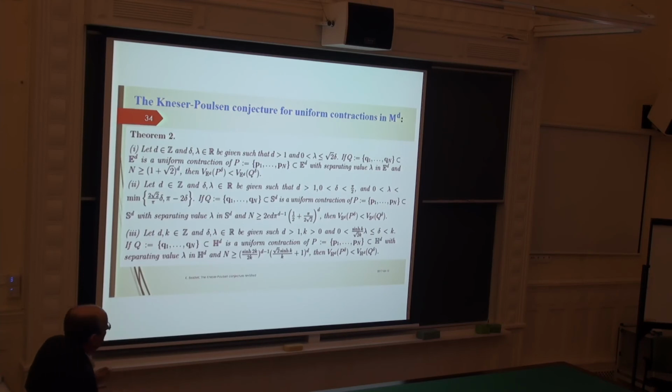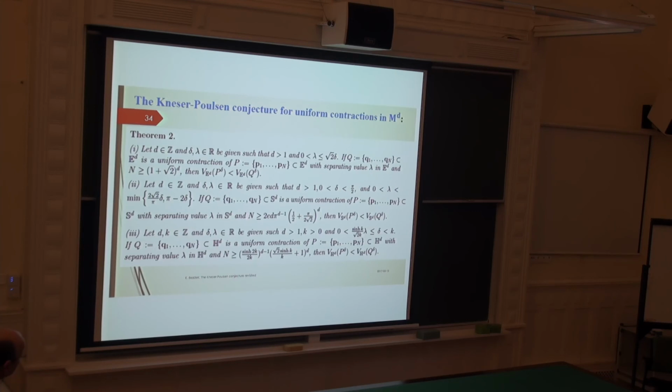But we have to be careful. Delta we choose accordingly. So what we do here, we have lambda as the separating value for uniform contraction, and we have this lambda here, and we have also delta. Delta is going to be the radii of the balls. So delta can be anything between 0 and pi over 2. As soon as we choose delta, we choose lambda accordingly. So lambda should be smaller than this value here. So after that, we have delta and lambda, and we take a point configuration Q that is a uniform contraction of P with separating value lambda.